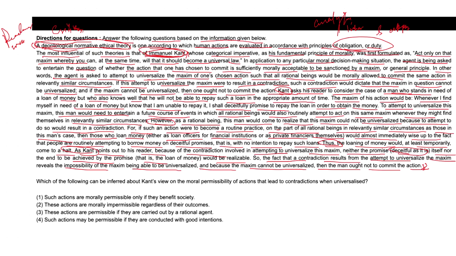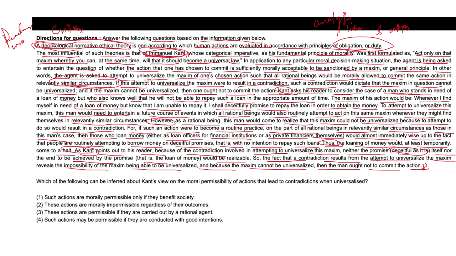Then in the third paragraph, it is stated that Kant's example illustrates the application of his theory. It describes a situation where a man deceitfully promises to repay a loan he cannot actually repay, isn't it?